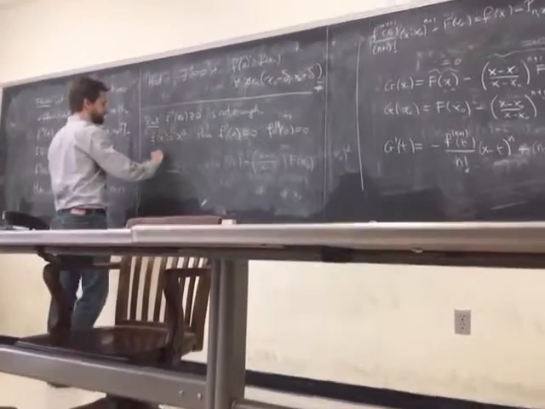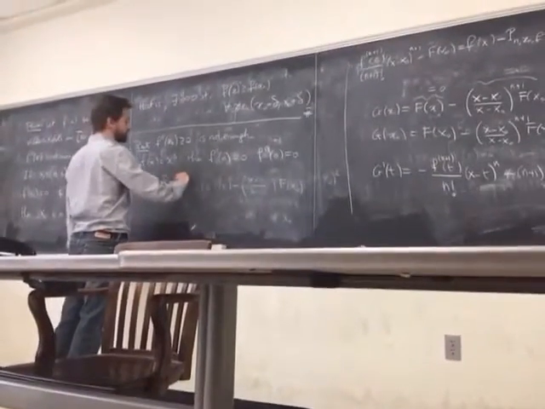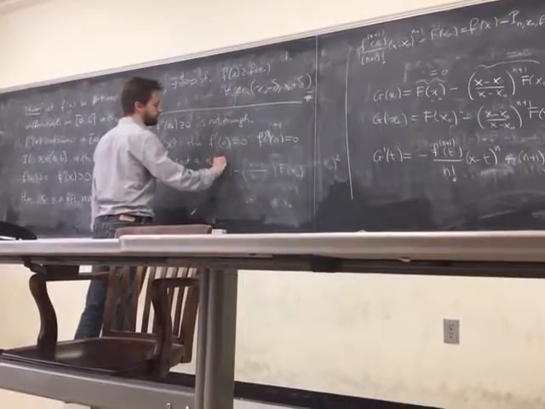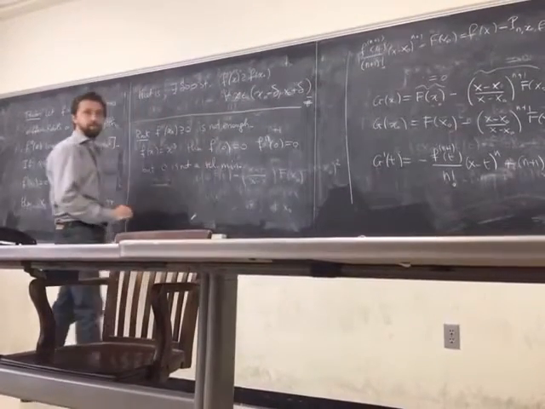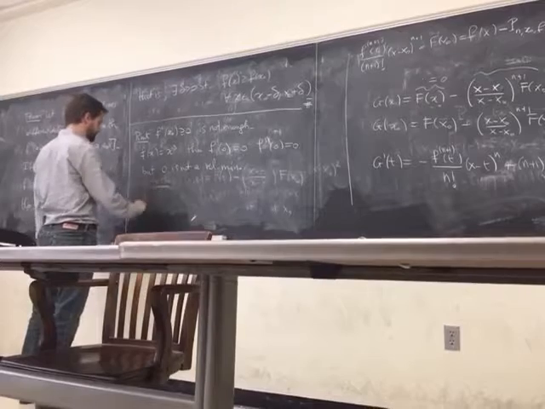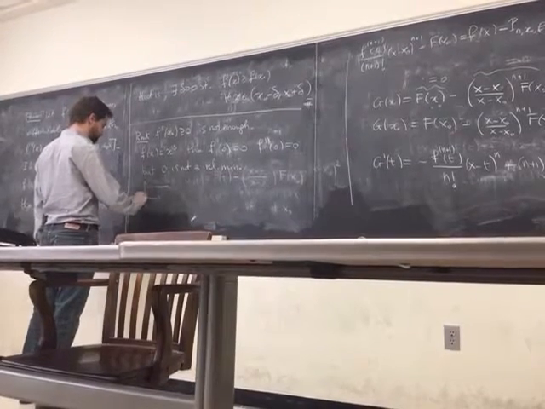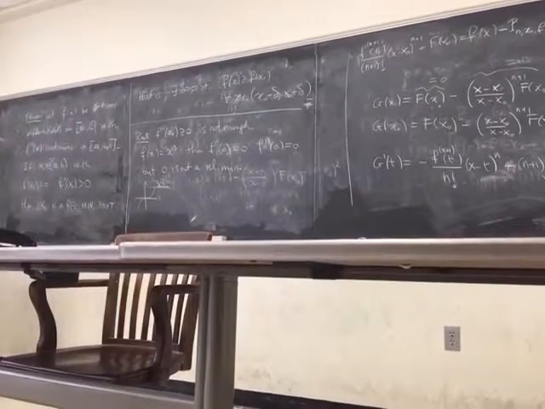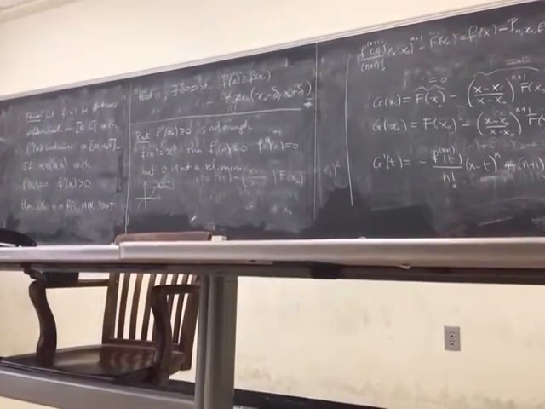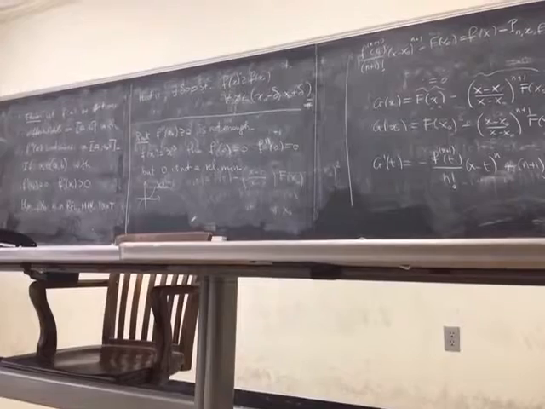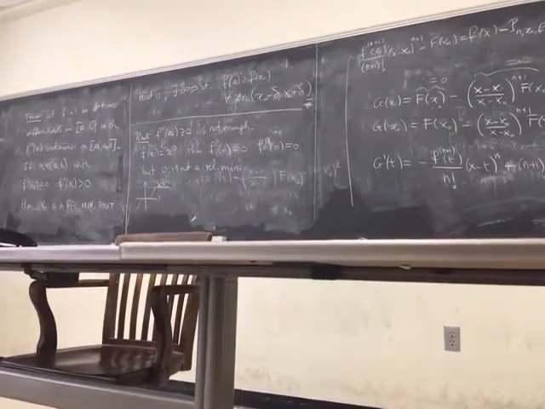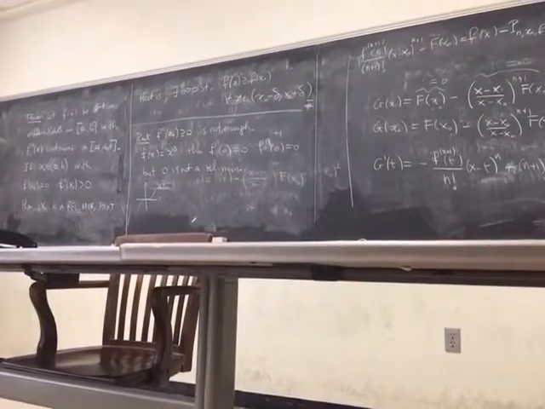But 0 is not a relative minimum. So you really need in this theorem f second of x naught to be strictly positive. And you're going to see that very well from the proof, okay? The proof will show clearly that we need that.